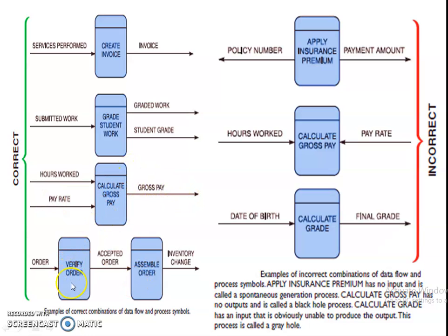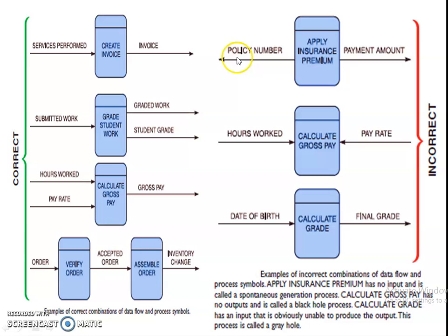Or the common one, where the process receives input, processes it, and produces an output which later becomes an input to another process, and this process also gives an output based on the input it has received.